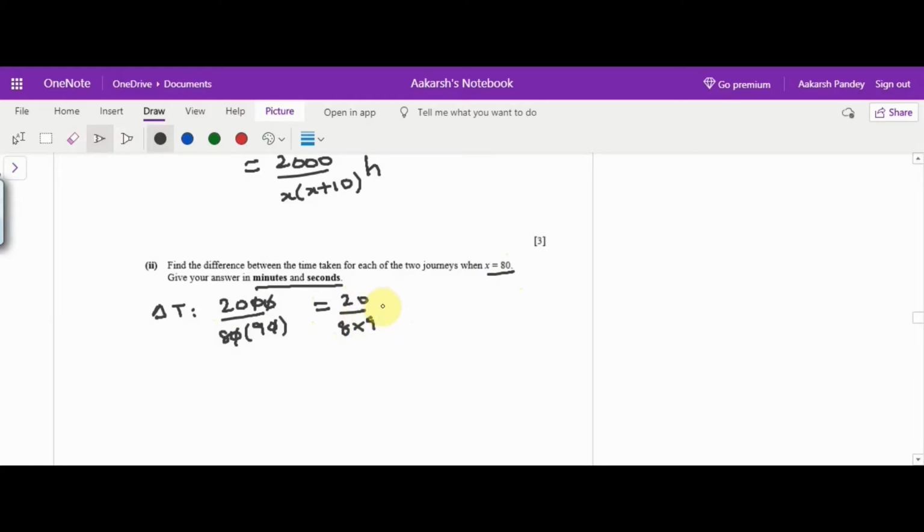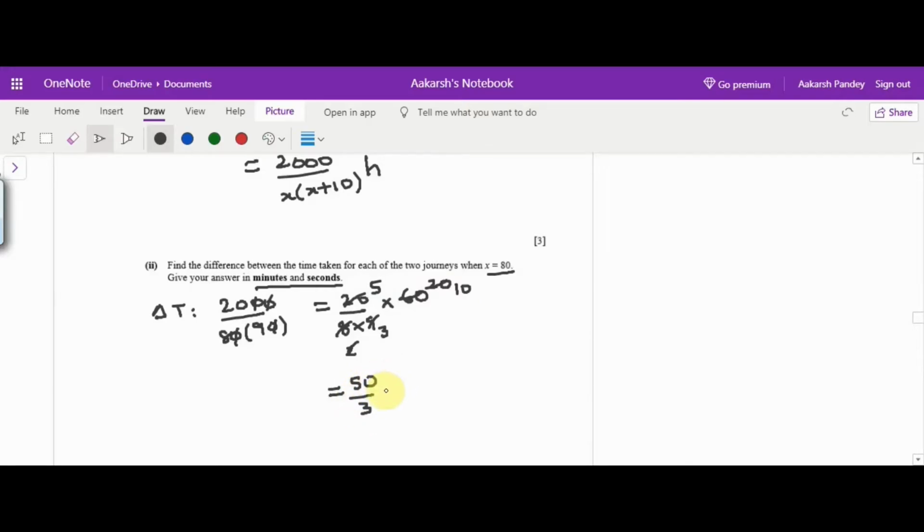But this is given in hours. I want it in minutes, so first calculating it in minutes. Again, I'll divide by 3. I get 3 and 20. Now I'll divide by 4. So this 20 becomes 5. Again by 2. So what I get is 50 by 3.